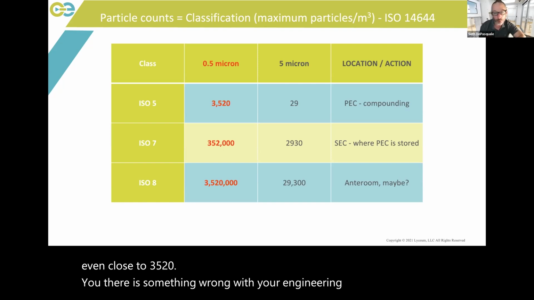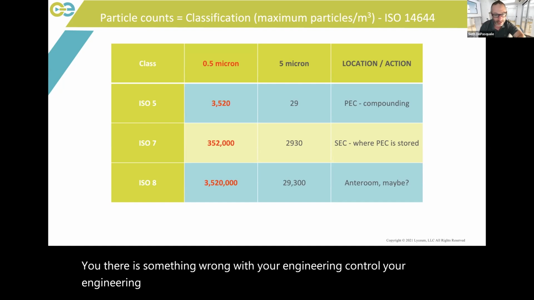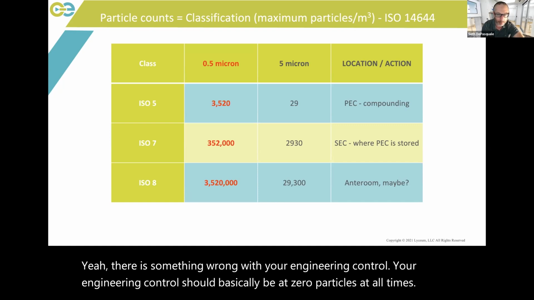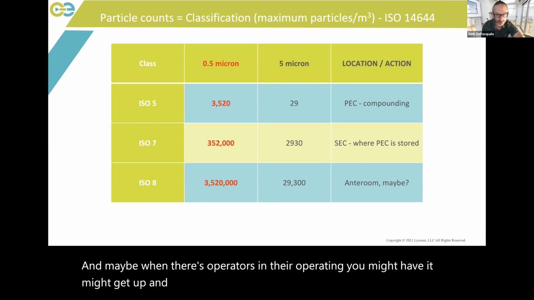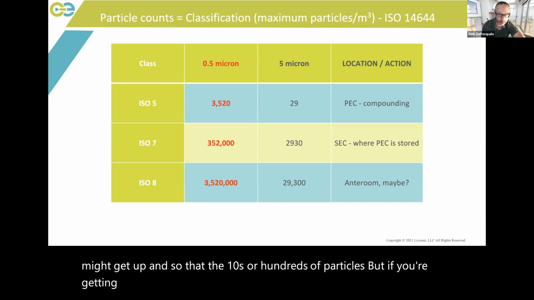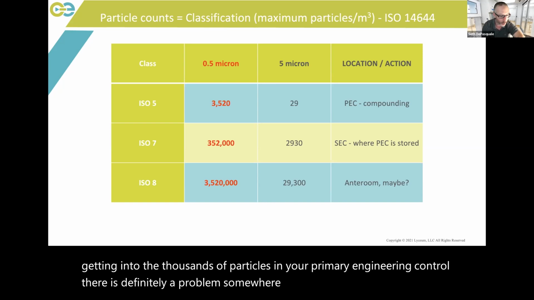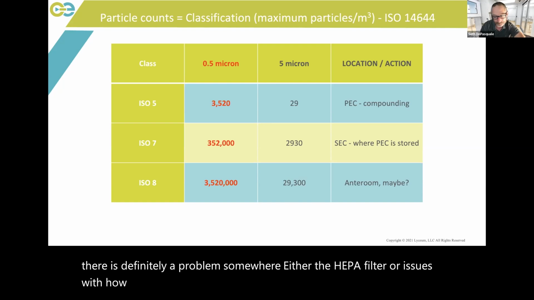Your engineering control should basically be at 0 particles at all times. When there are operators and they're operating, it might get up into the tens or hundreds of particles. But if you're getting into the thousands of particles in your primary engineering control, there's definitely a problem somewhere, either the HEPA filter or issues with how the operators are behaving.